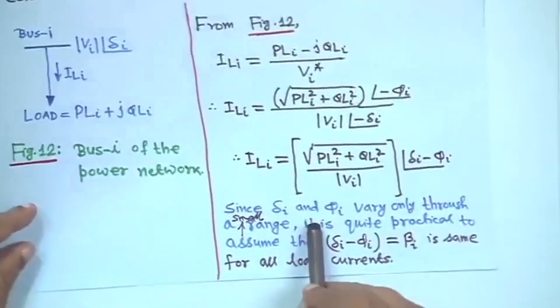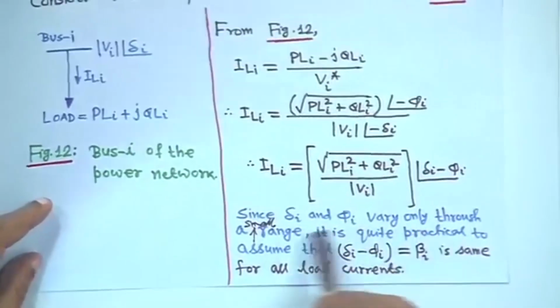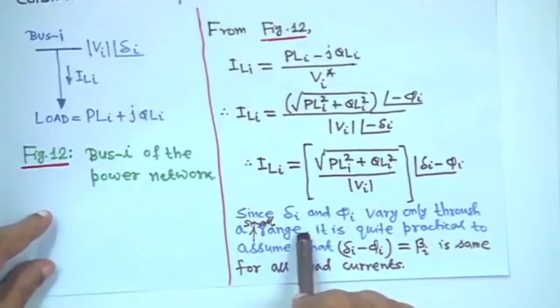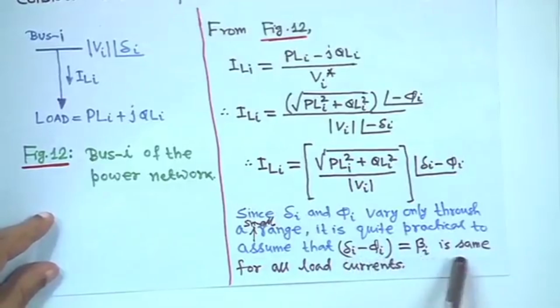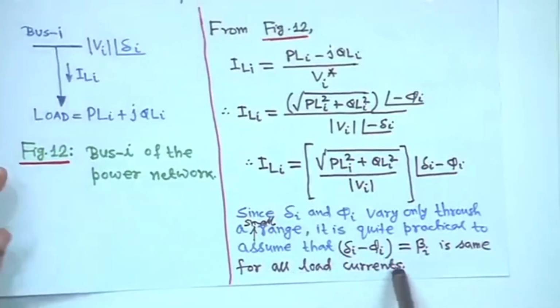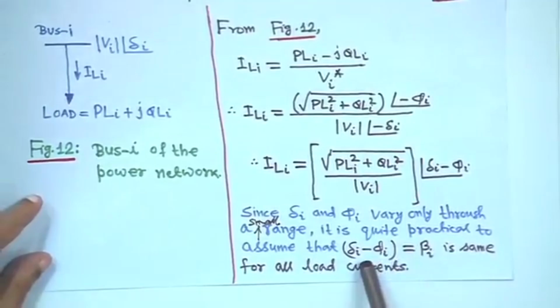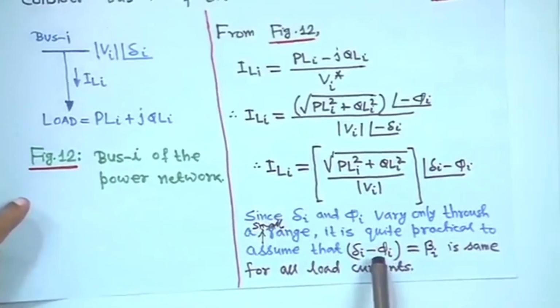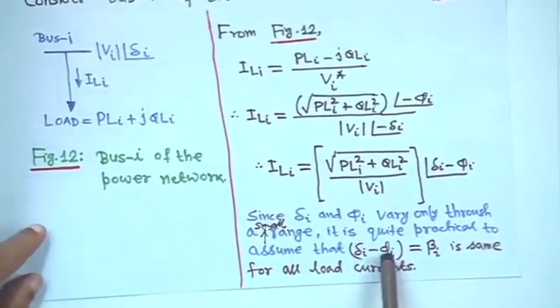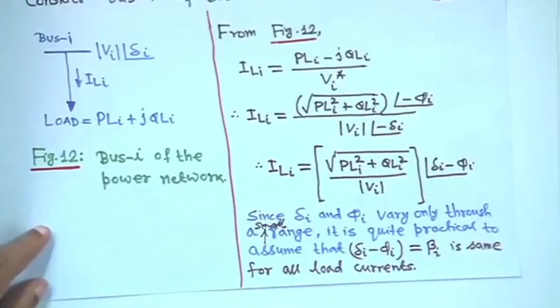Since delta_I and phi_I vary only through a small range, in reality it may not be so, but we will assume that. It is quite practical to assume that delta_I minus phi_I, say beta_I, is the same for all load currents. If it is so, then the phase angles of I_K1 and I_L, or I_K2 and I_L, all will remain the same.